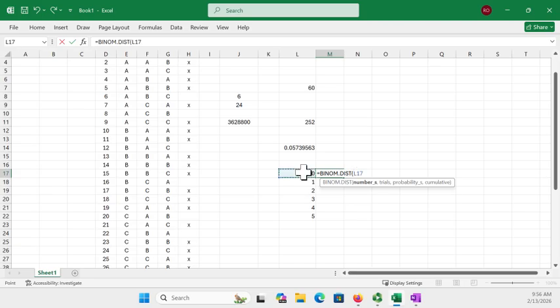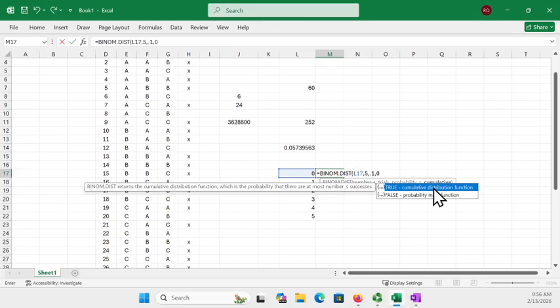The number of successes, I'm going to use the cell reference. I'm going to click on the 0, comma, the number of trials, I'm just going to enter 5. Probability of success, 0.1 is as good as any. 10% chance of success, and I want all individual.